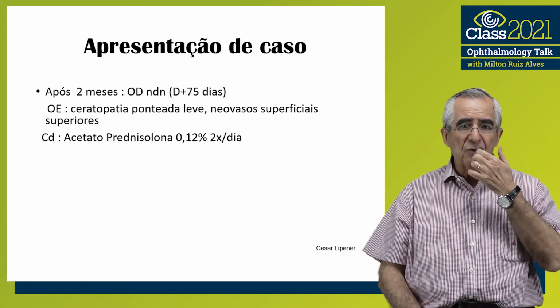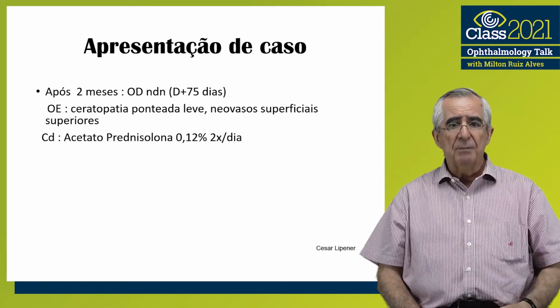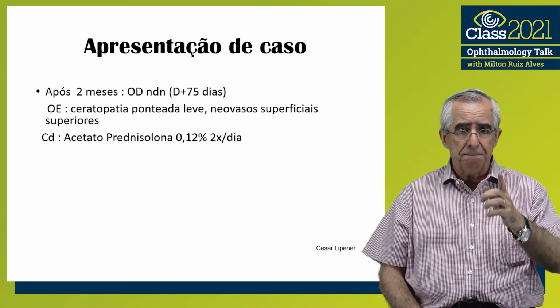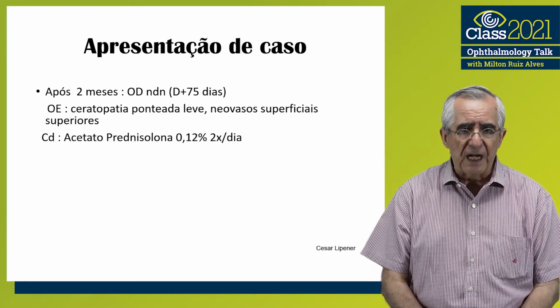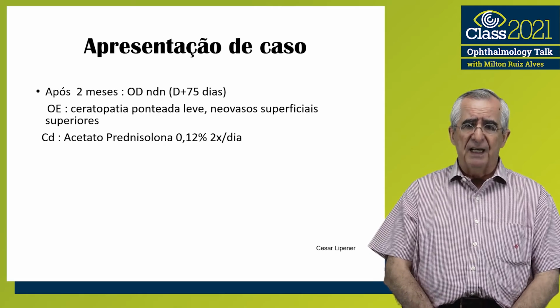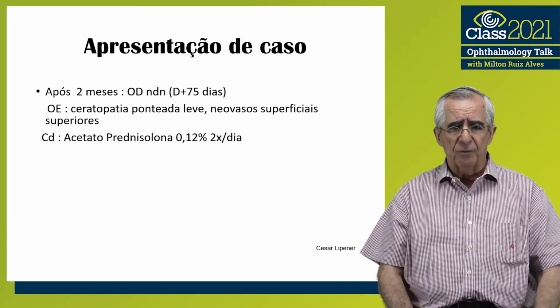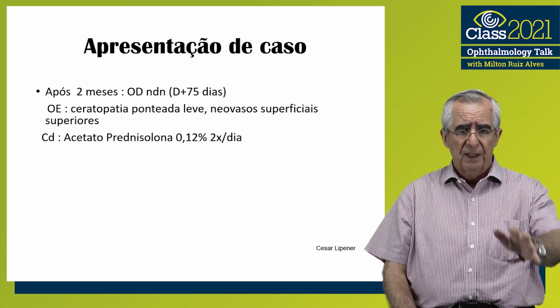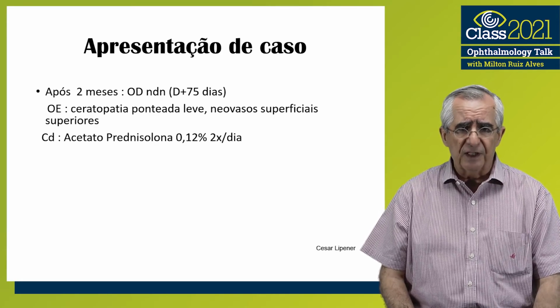After 2 months, at D plus 75 days, the patient had mild punctate keratopathy, superficial neovessels were present, and 0.12% prednisolone acetate eye drops were introduced, 1 drop twice a day.